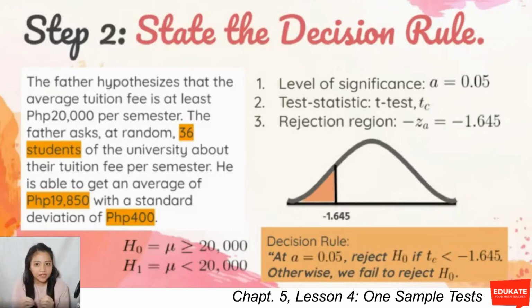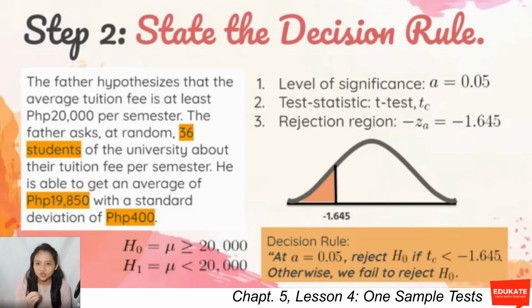So in our case, we have an unknown population mean and variance. In our case, we're going to use t-test or TC kahit ang sample size mo ay more than or equal to 30 because hindi natin inassume na it follows a normal distribution. So with this, since our alternative hypothesis is less than, we're looking at the left-tailed.